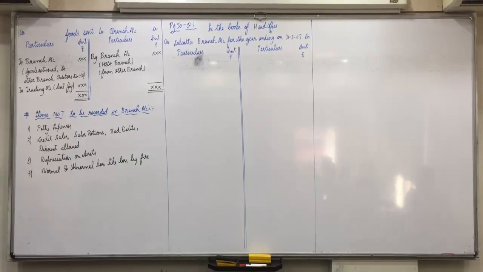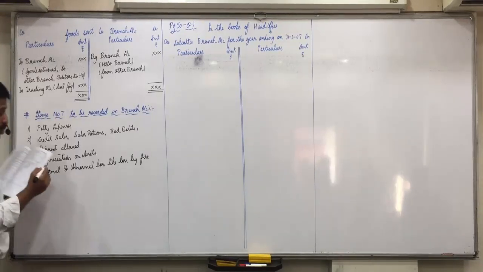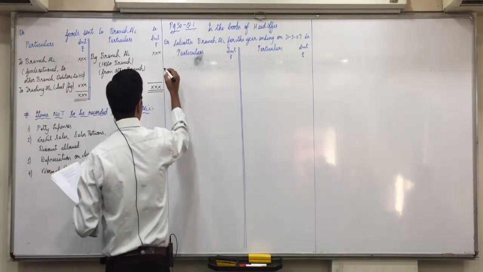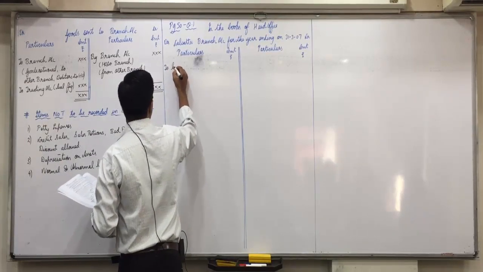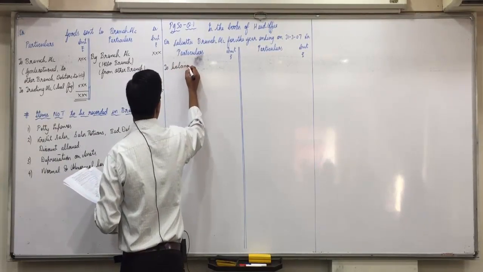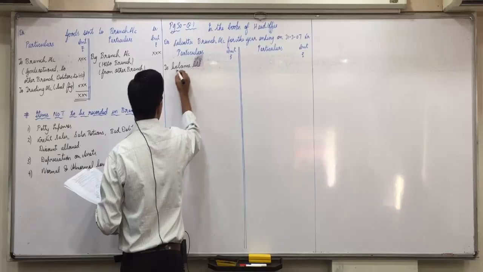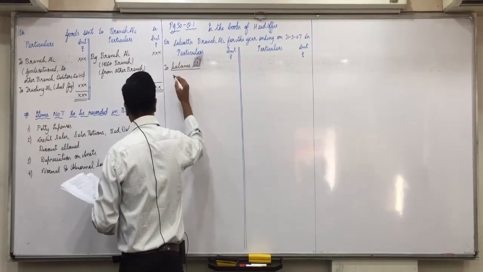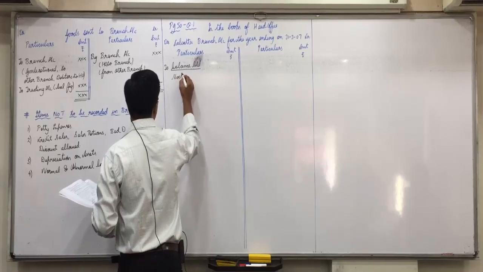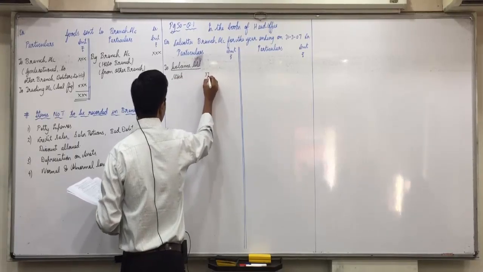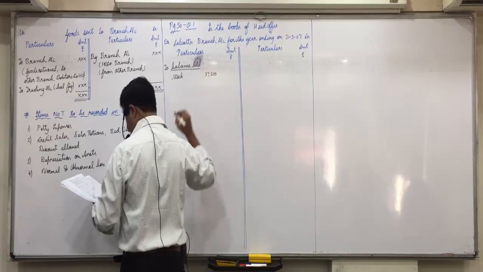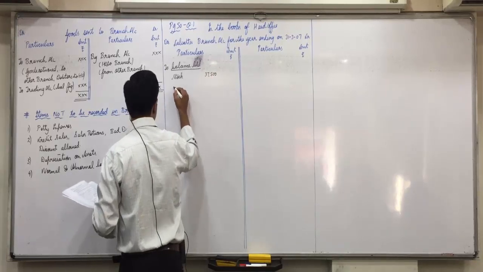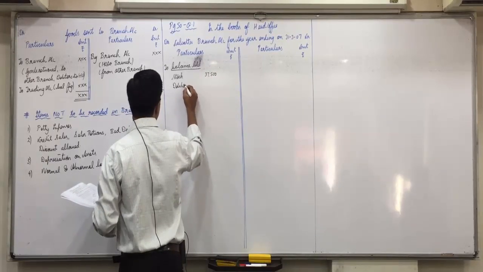Very first, stock at branch on 1/4/06 will come on the debit side, to balance brought down. Stock 37,500. Then debtors 75,000.